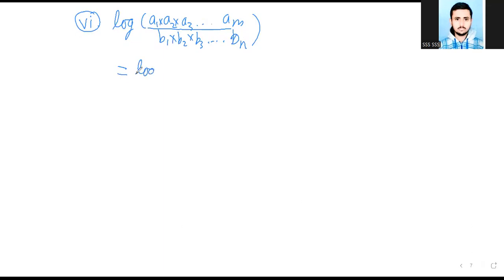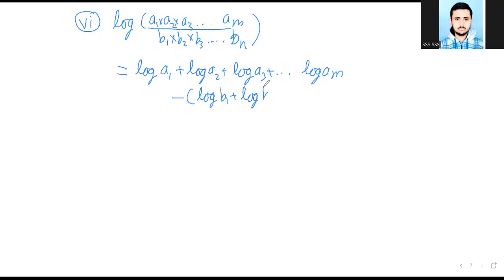So log of a1 plus log a2 plus log a3 up to log am. And all the portion in the denominator will get converted into subtraction. So this becomes minus of log of b1, log of b2, log of b3 up to log of bn. All of these terms are getting subtracted from the first expression.